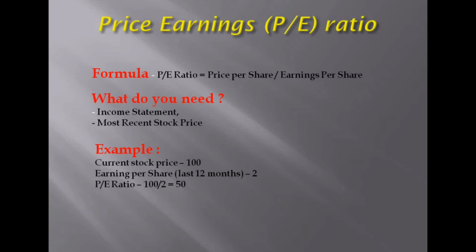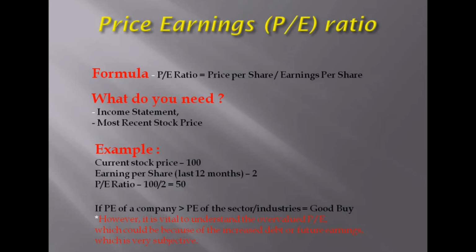So how will you know if 50 is a good PE ratio or not? For that you always have to consider that the PE ratio of a company should be compared with the PE ratio of its category or industry. Let's consider you are buying TCS. If the TCS PE ratio is greater than the PE ratio of the whole IT technology sector, then it's a good buy.